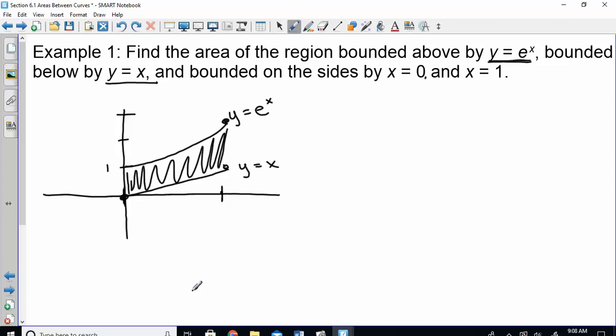Most of the time, like on a test or quiz, if I'm asking you to find these areas, I will ask you to draw a picture and give you a point for drawing that picture. But the whole purpose of it is really just so you're paying attention to which curve is on top.